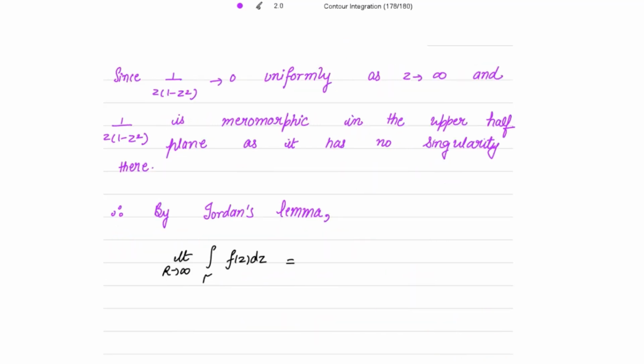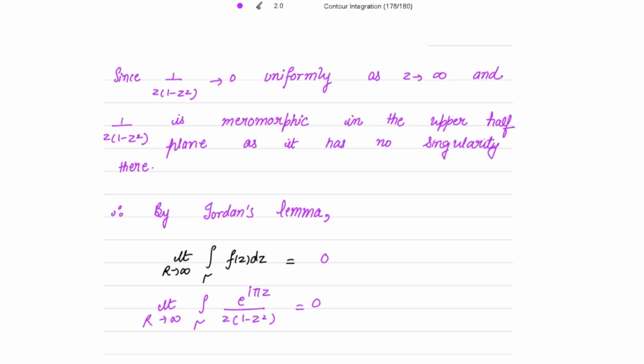Since 1 over z into 1 minus z square tends to 0 uniformly as z tends to infinity, and this is a meromorphic function in the upper half plane as it has no singularity there, by Jordan's lemma this integral is 0. You can also mention e to the power iota pi z over z into 1 minus z square is 0.